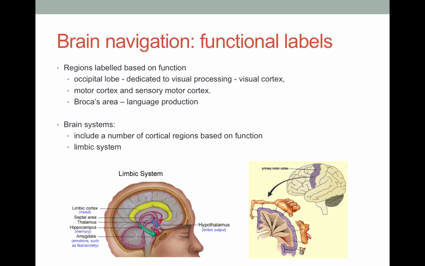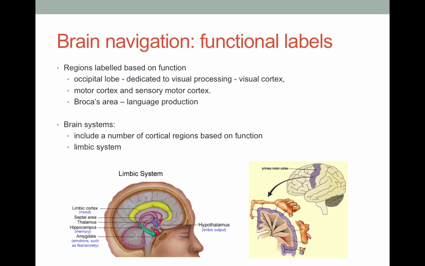For instance, the hippocampal formation is thought to comprise the hippocampus proper, dentate gyrus, and subiculum. So we can see that brain regions can also belong to one or more brain systems, which may be defined on the basis of the function that it performs, such as we've seen with the limbic system.